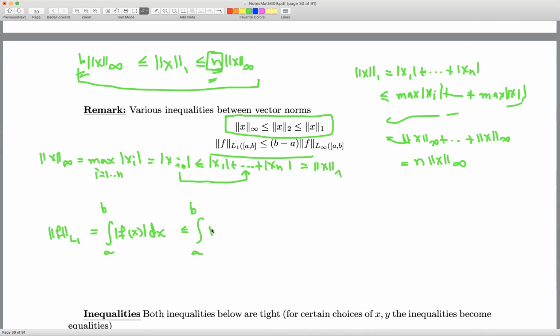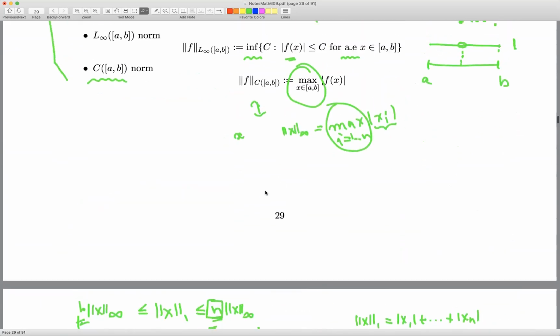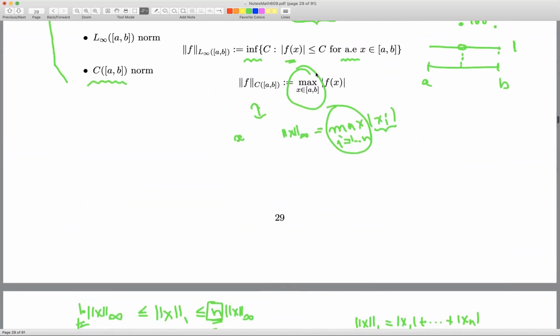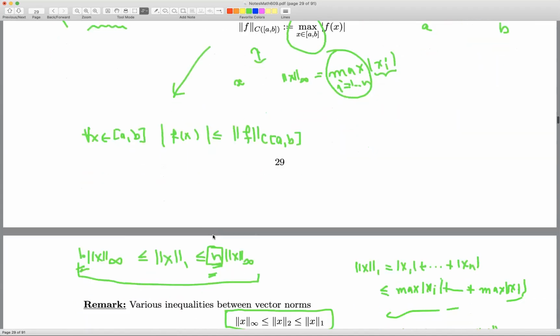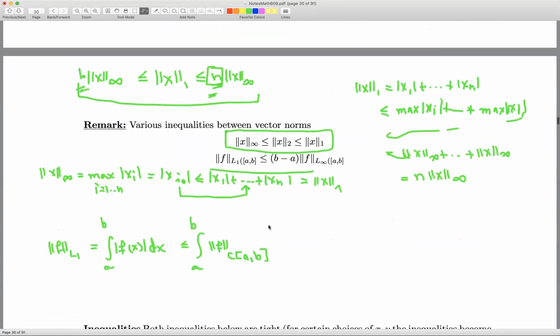So this will be the infinity norm, the C norm of f on the interval AB, because this is a bound. Remember that the C norm of f is the maximum of f of x, and therefore for every x in the interval AB, f of x in absolute value will be less than or equal to its maximum, which is the C norm of the function f.